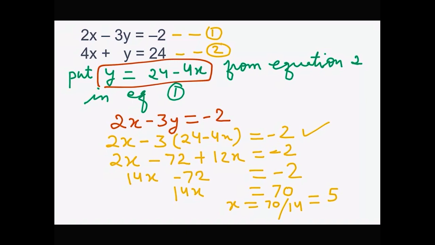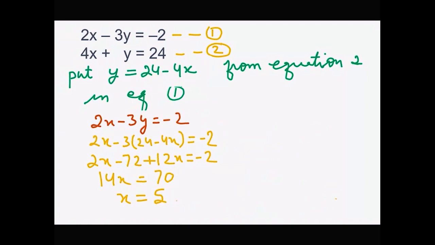Now you can put this value of x in any equation, or here only if you put it in this one, we'll get the value of y also. So your y is 24 minus 4x, so we'll put the value of x, that is 5.